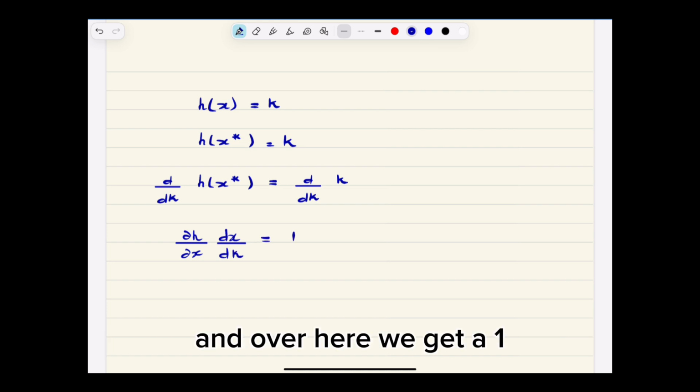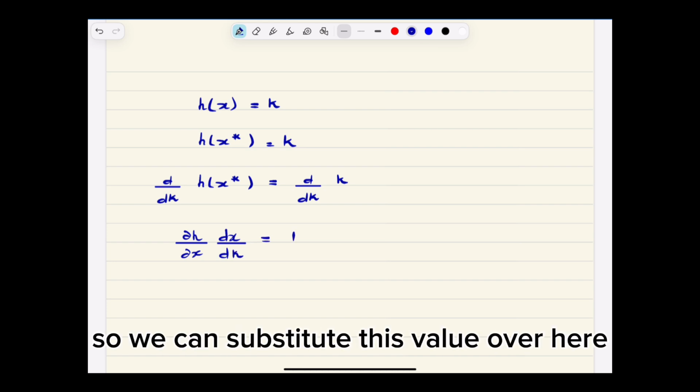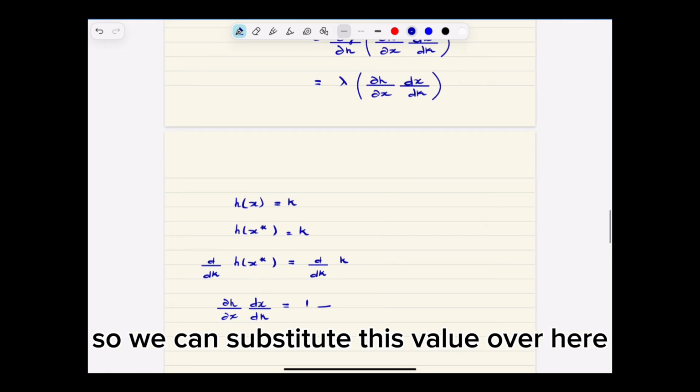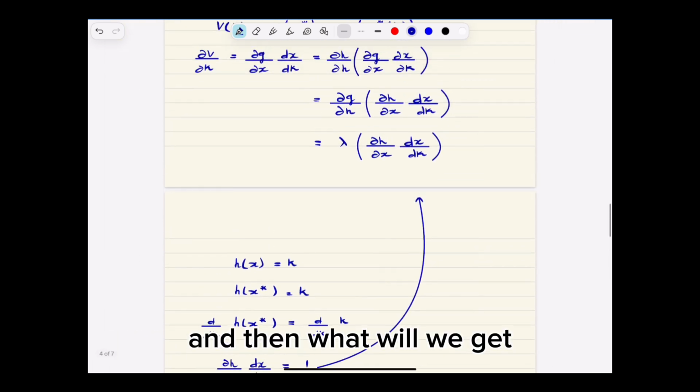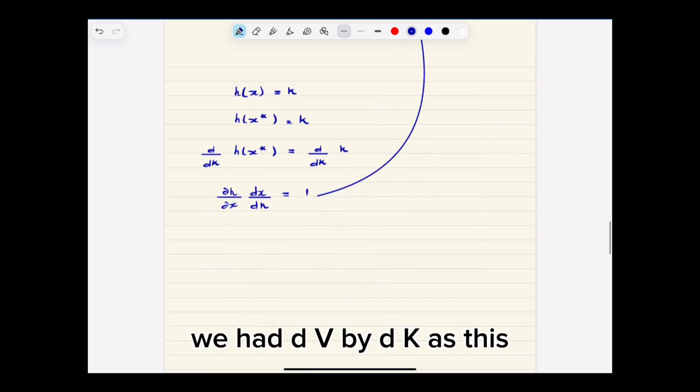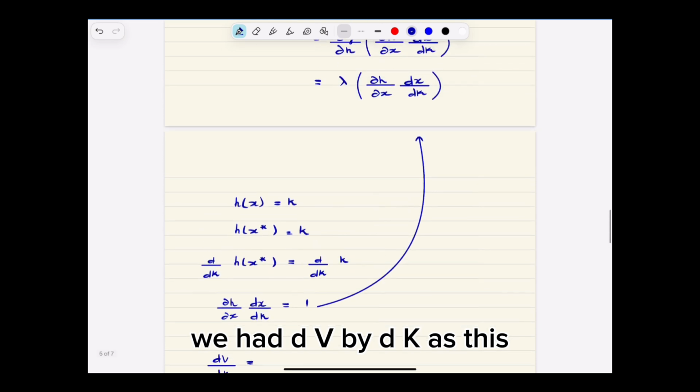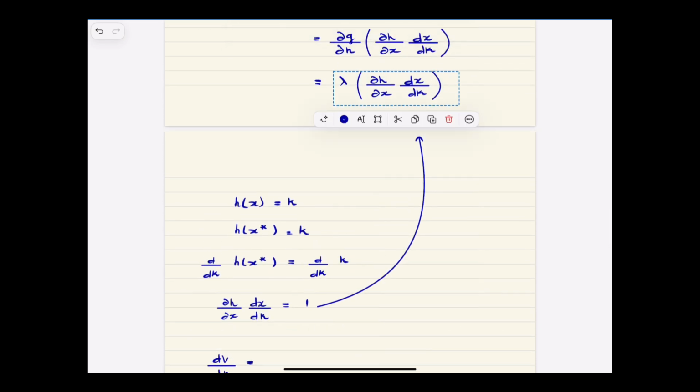And over here we get a 1. So we can substitute this value over here. And then what will we get? We had dv by dk as this.